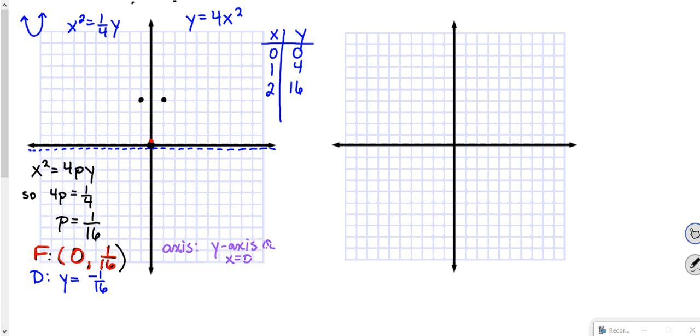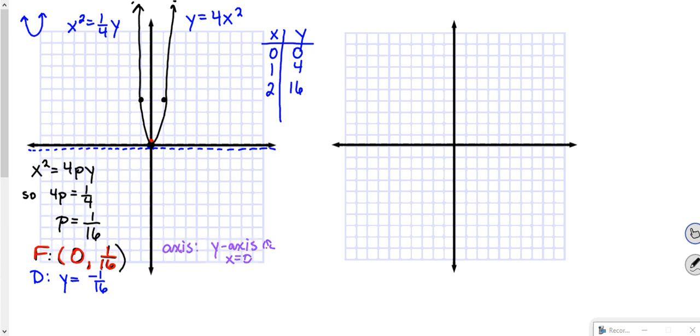Okay, so this is a super skinny parabola. All right, that's why the directrix and the focus are so close to the vertex. Okay. I hope that helped.